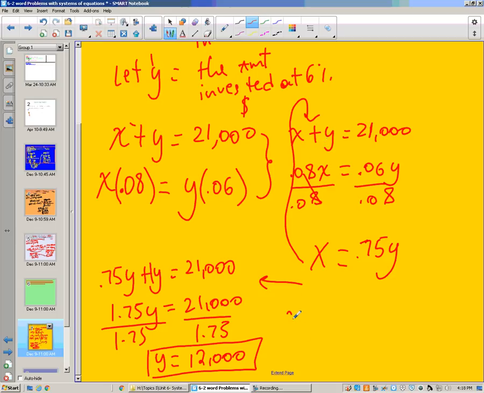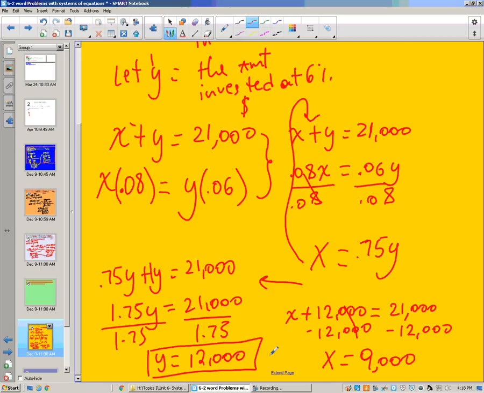So x plus 12,000 has to be equal to 21,000, because the combination of both investments was 21,000. Subtract 12,000, and I'm left with my x. So I'm left with 9,000, and that's the other investment.